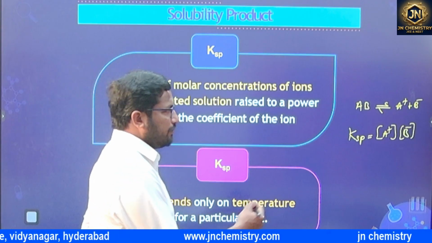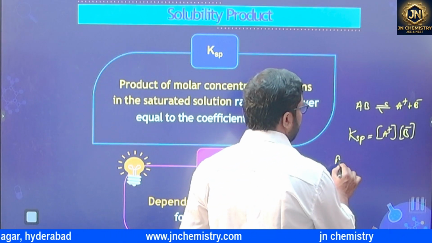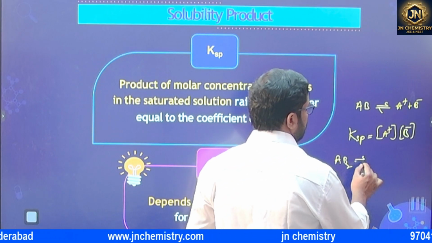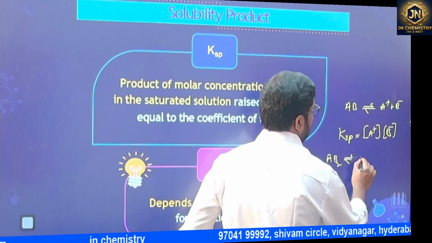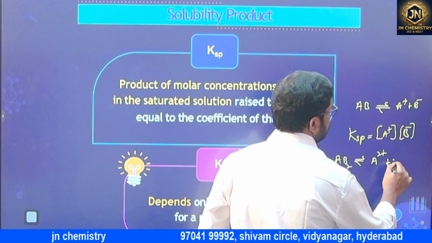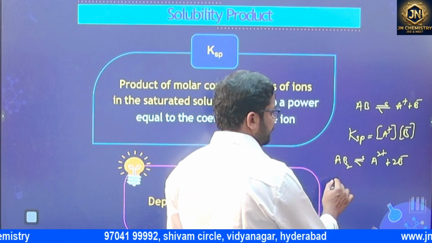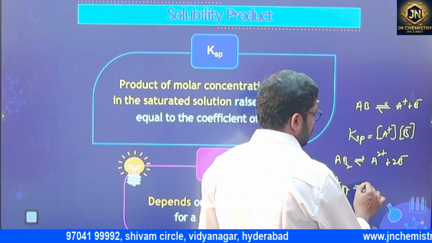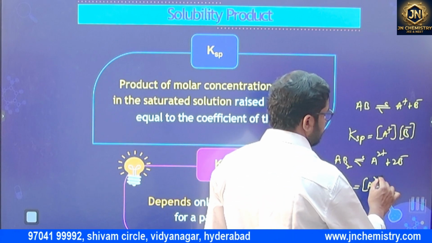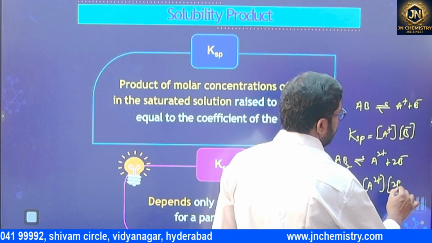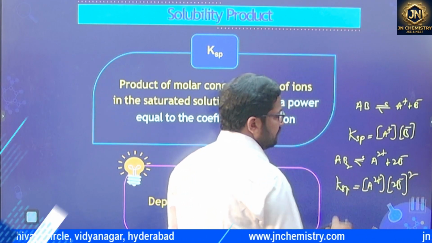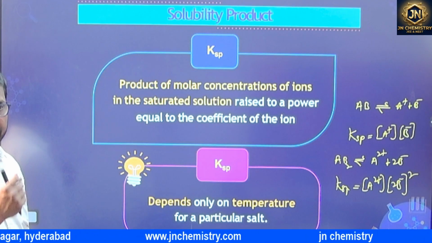For example, AB2 means A2+ and 2B-. How can we write Ksp now? Concentration of A2+ times concentration of B- squared. So Ksp depends only on temperature.